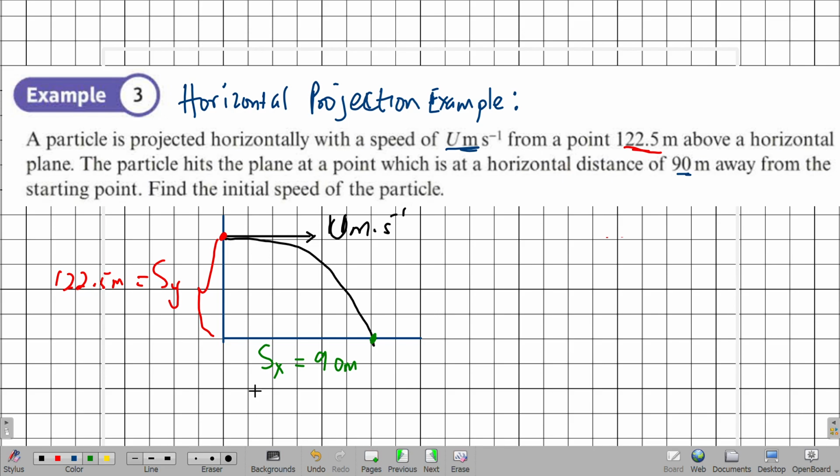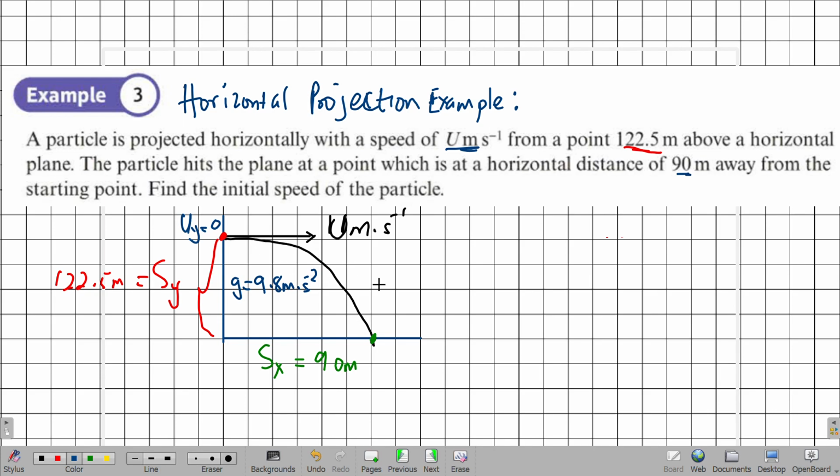What are the other assumptions associated with the horizontal projection that we can use right now? We understand that the initial velocity vertically going down is 0, and we understand that it will go down as a result of gravity, which is 9.8 meters per second squared. However, we know that horizontally it goes at u.